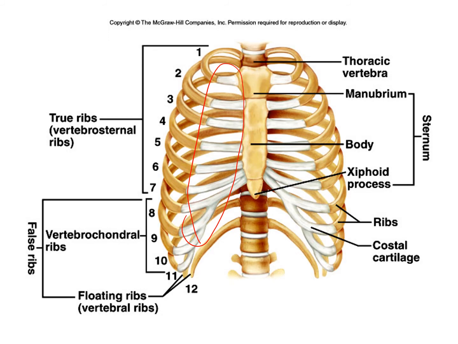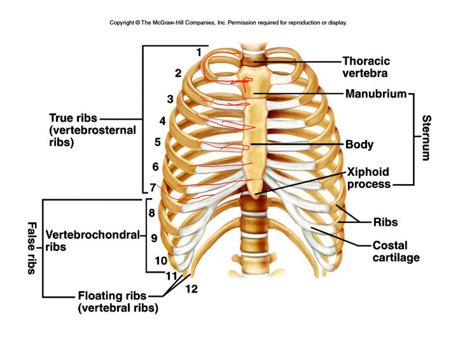Well, in the case of the vertebrosternal ribs and the vertebrochondral ribs, these terms are, how does this wrap around? In your true ribs, which are ribs 1 through 7, or your vertebrosternal ribs, when they wrap around, the cartilage directly lines up with the sternum.